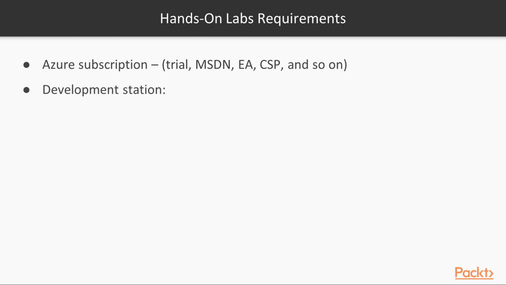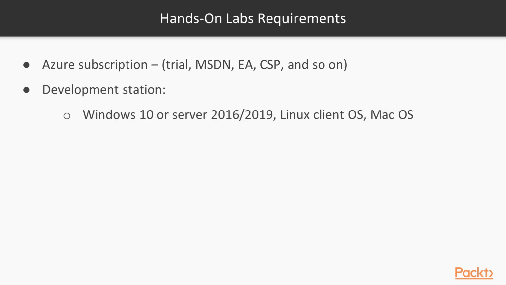And next to that, your development station can be a Windows 10 or Server 2016 or the latest 2019, a Linux client or a Mac operating system. By the way, I'm going to use Windows 10, and just to show you that it runs on pretty much any platform, I'm going to mix Windows 10, by the way, using a preview, together with PowerShell, Bash, Azure command line interface, and installing everything else we need on top of my development station.